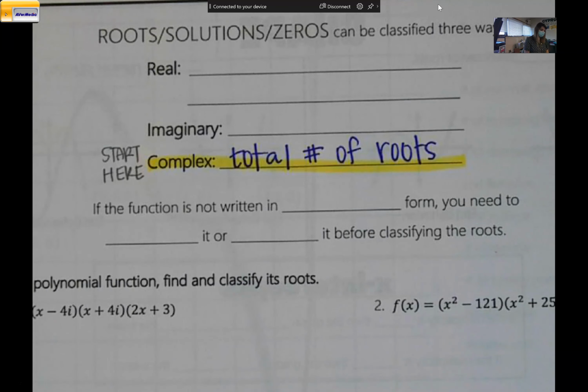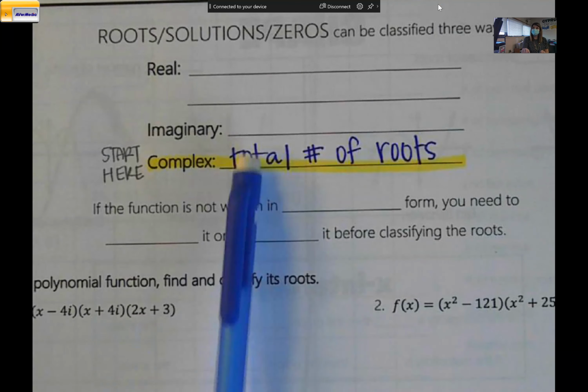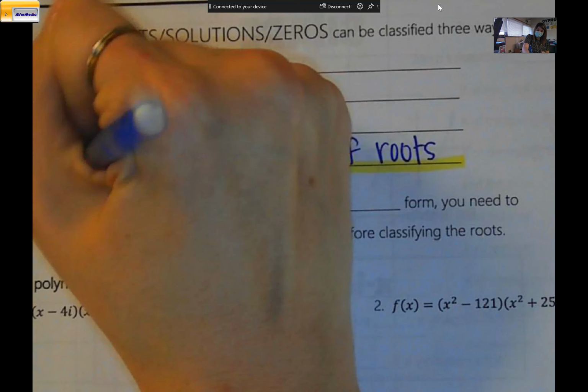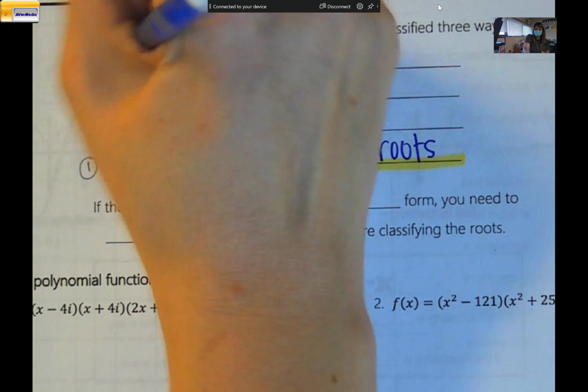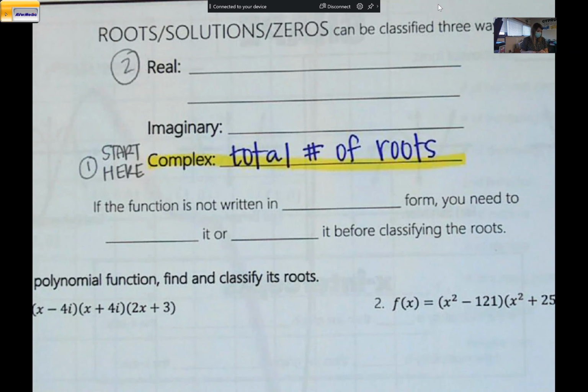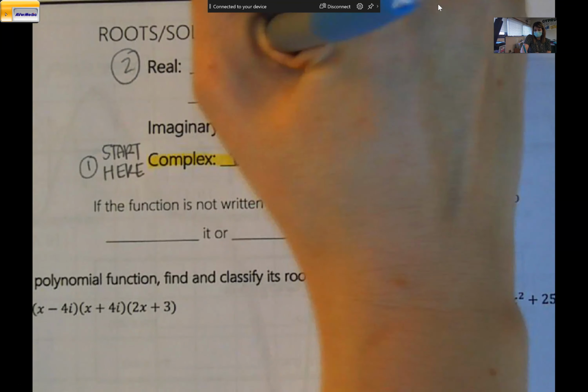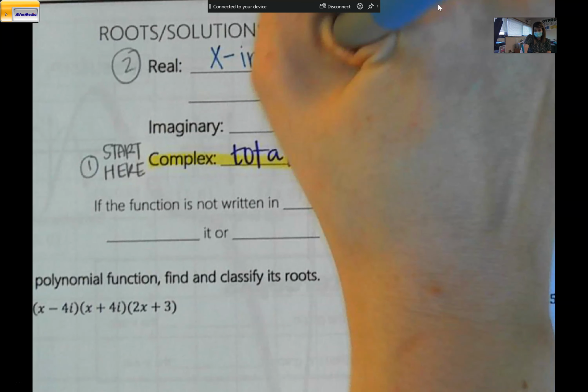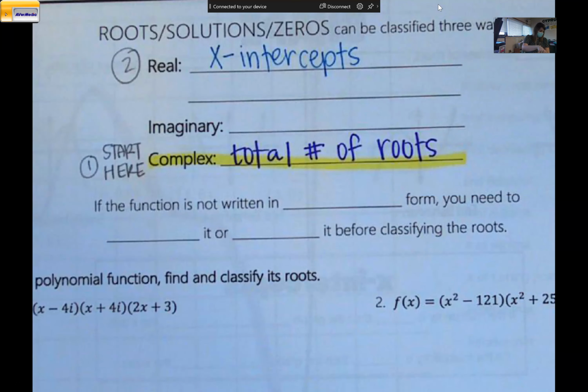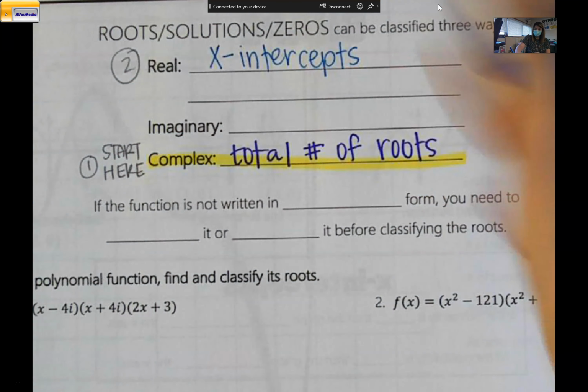The real roots is the next easiest thing to find. So start at the complex. Then the next thing that you want to do is check the real roots, because these are your x-intercepts. You can see real roots.